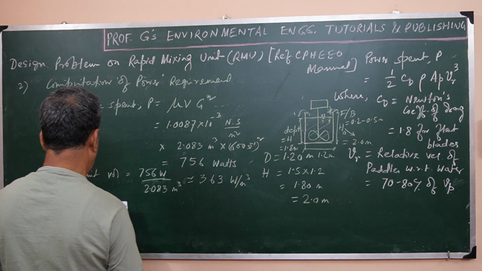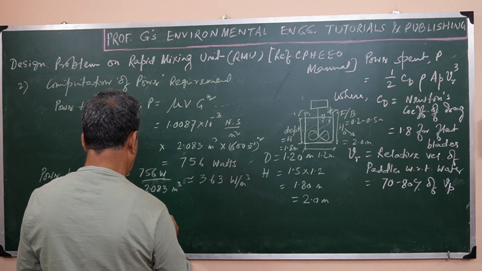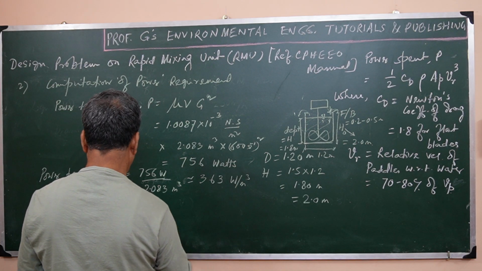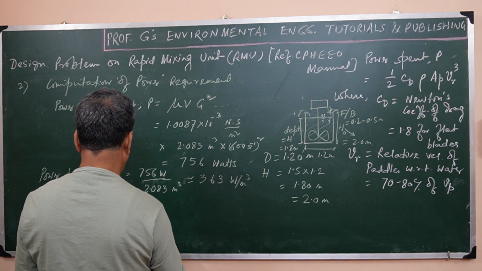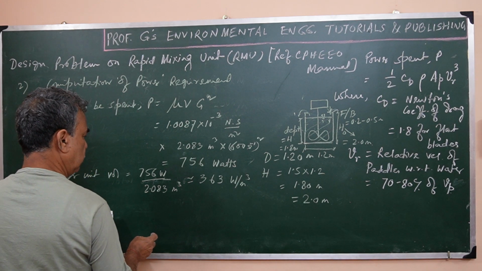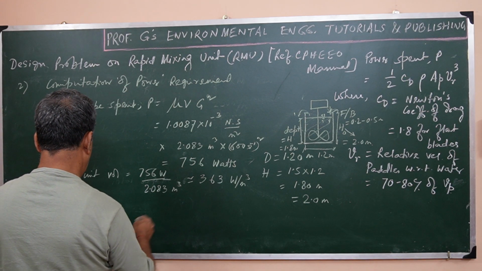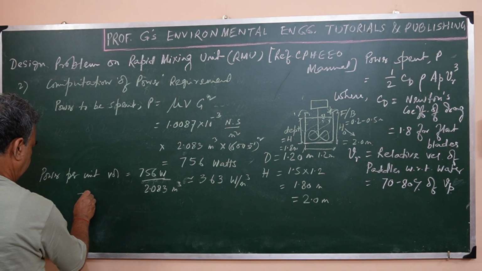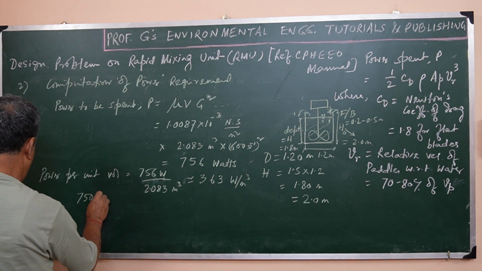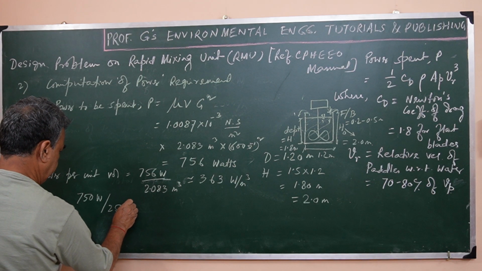Which is between 1 to... this is 363 watt, and okay, this is the unit volume, and also you can write 750 watt per 250 per unit flow.